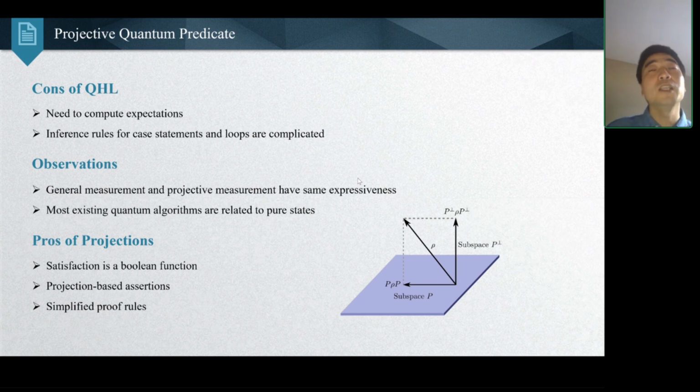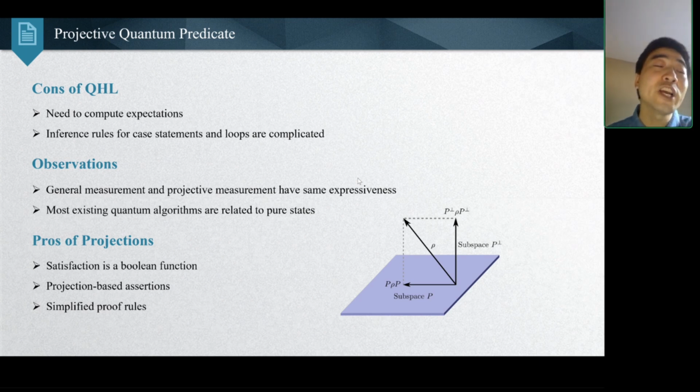And actually for our classical mind of program analysis, we are familiar much more with Boolean variables, or regard K as a Boolean function. So then we talk about projective quantum predicates, in the sense that this is easier.